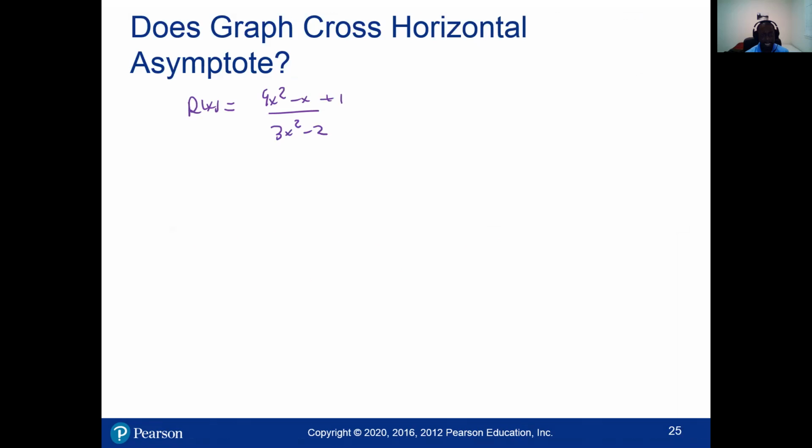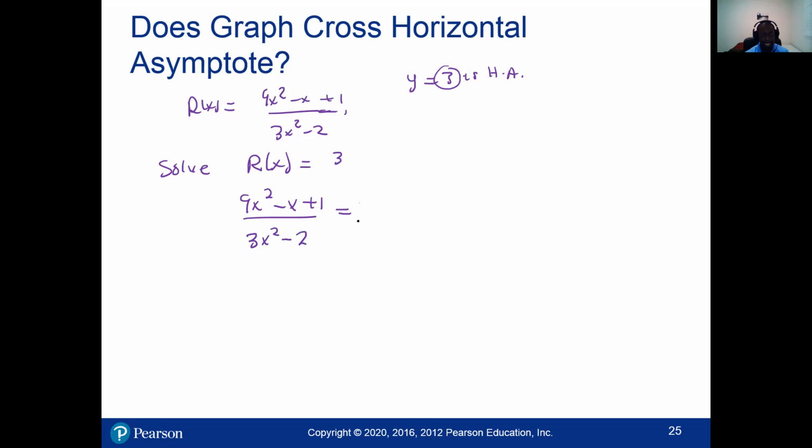Since y equal to 3 is the horizontal asymptote, we solve the equation r of x equal to 3. So we have 9x squared minus x plus 1 divided by 3x squared minus 2 is equal to 3 over 1.